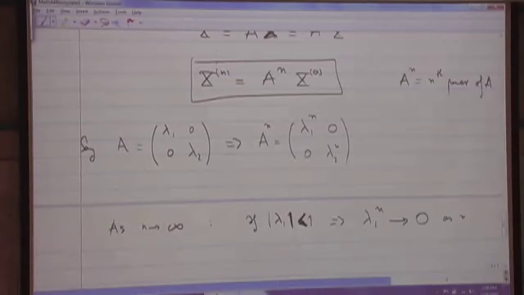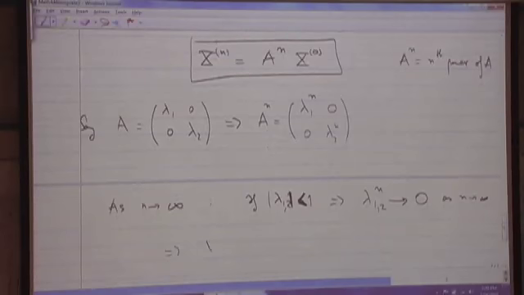It goes to 0 as n goes to infinity. So if both are less than 1, then both go to 0, meaning that this matrix is going to go to 0. So this means that xn is going to go to 0 as n goes to infinity.